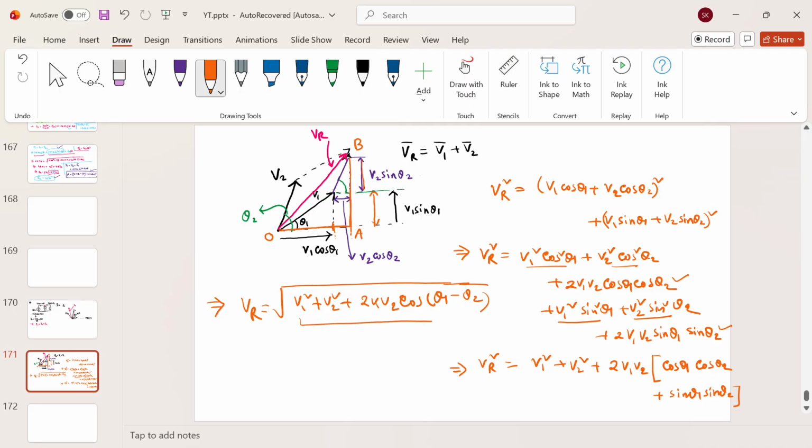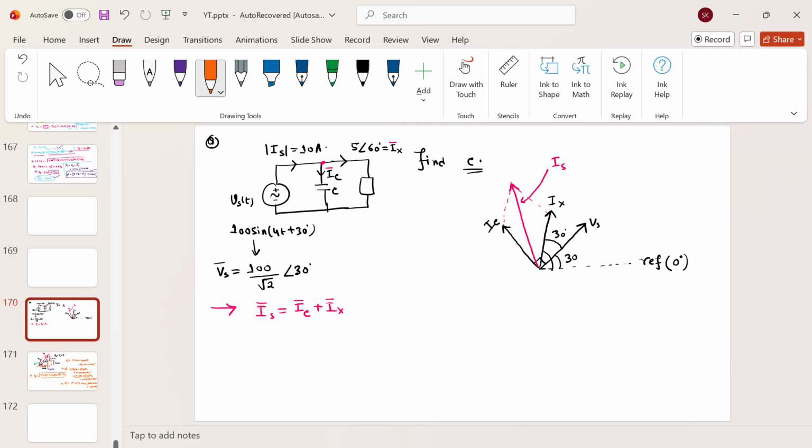Now we will utilize this formula to calculate the angles and all. If I just equate the magnitude on both sides, the magnitude of the source current is given as 10, and the IC magnitude is what I wanted to calculate. So IC square plus the IX magnitude, which is known, 5 square, plus 2 into IC into 5 into cos of the angle between IC and IX, that we have to calculate.